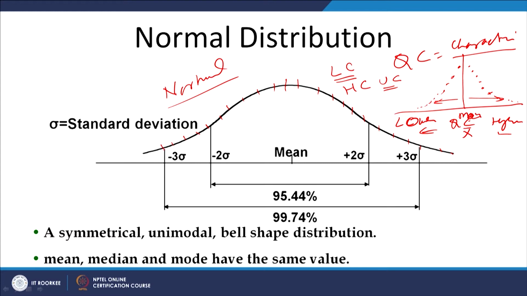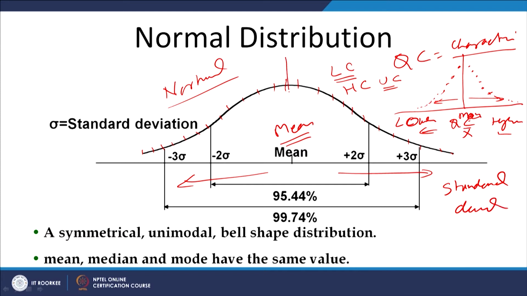So, there are two ways to understand the normal distribution: where its mean is and how much scatter or deviation from the mean is taking place. That is what is quantified in terms of the standard deviation.